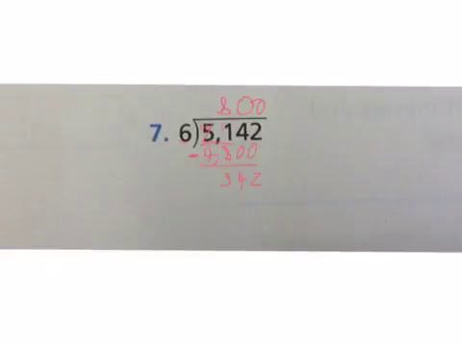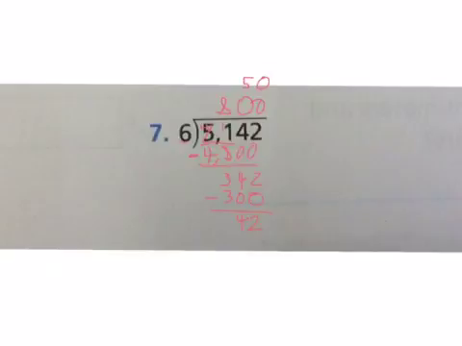So now we just have 342 left to split up into groups of 6. We're saying, how many 6s are there in 342? I know that 6 times 5 is 30, so 6 times 50 would be 300. So I'm going to go with 50 6s, which is 300. Subtract, and we have 42.